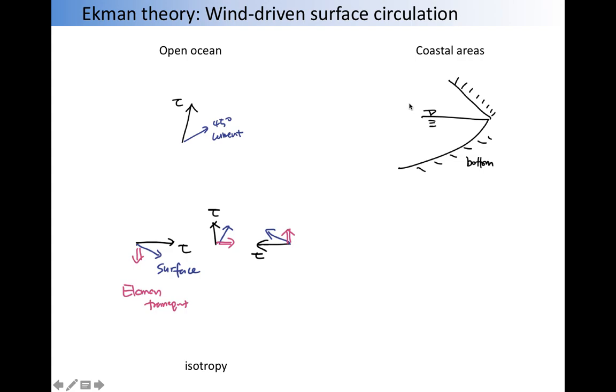In the Ekman theory, Ekman transport, we learned in the previous lecture, and we're going to look at more. But I'm just looking at the surface circulation only. I just want to highlight the direction of surface currents.